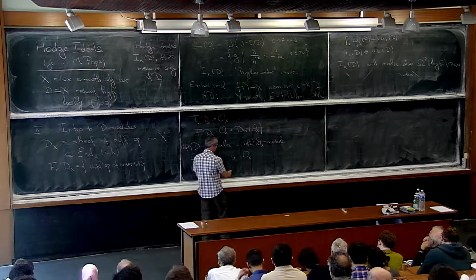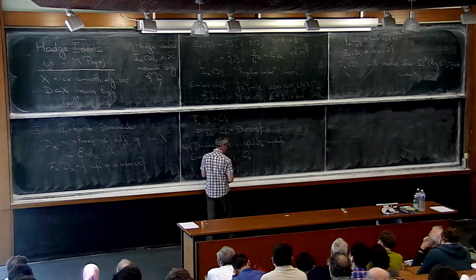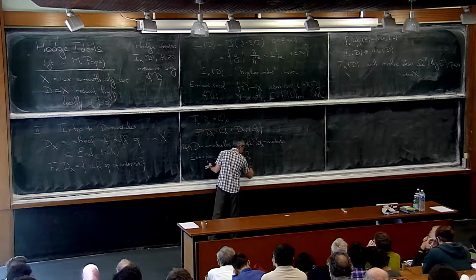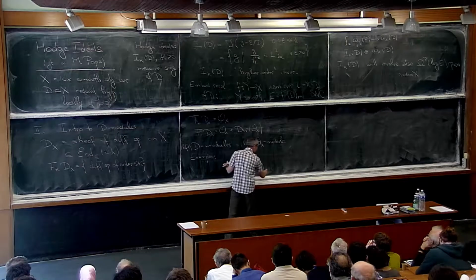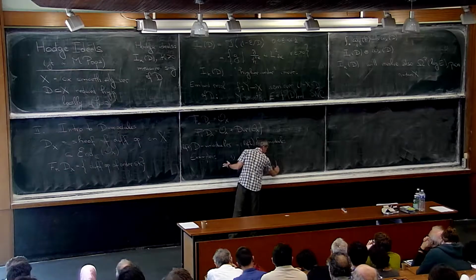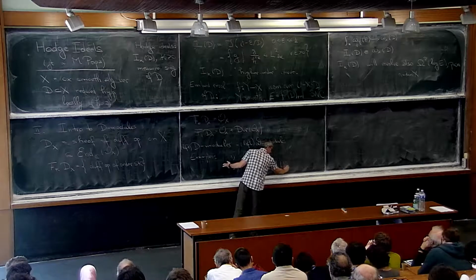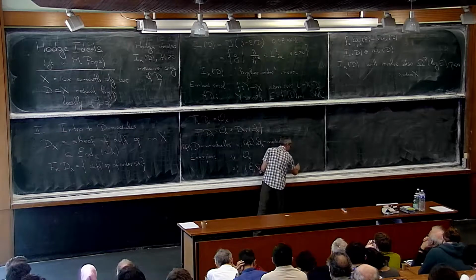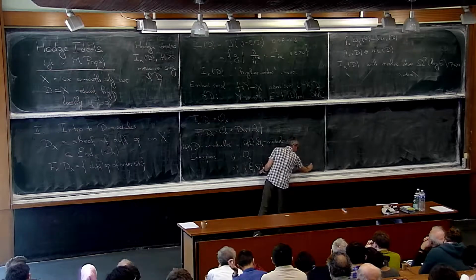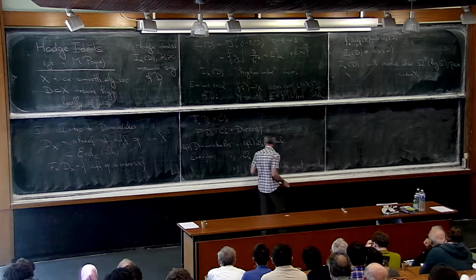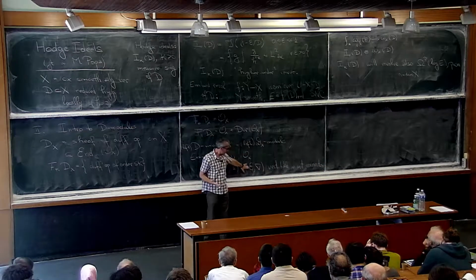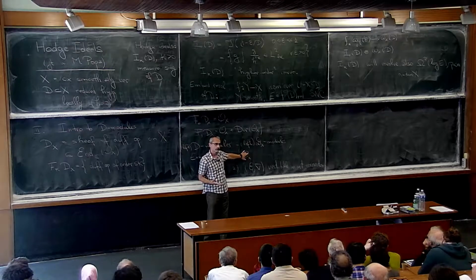Another example of a classical flavor is the case when you have E and nabla, a vector bundle with integrable connection. And these are precisely the D modules that are finitely generated over the structure sheaf.